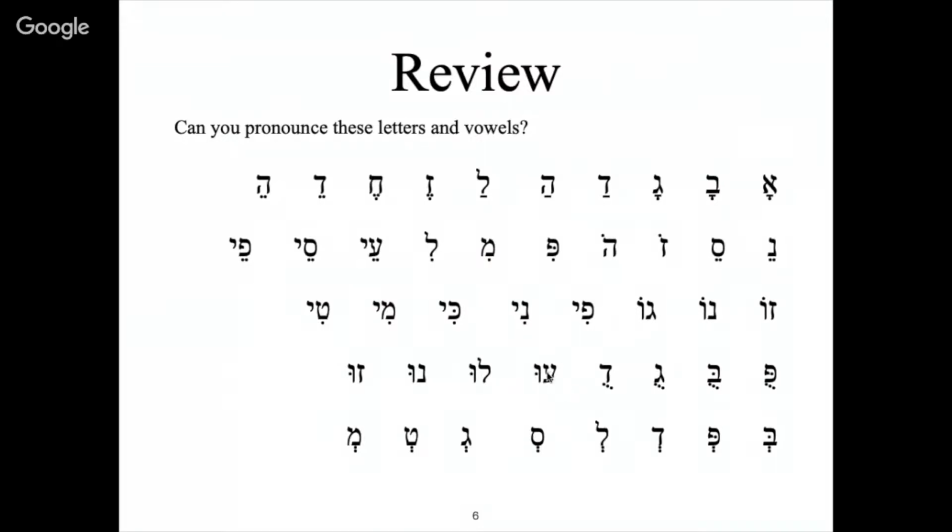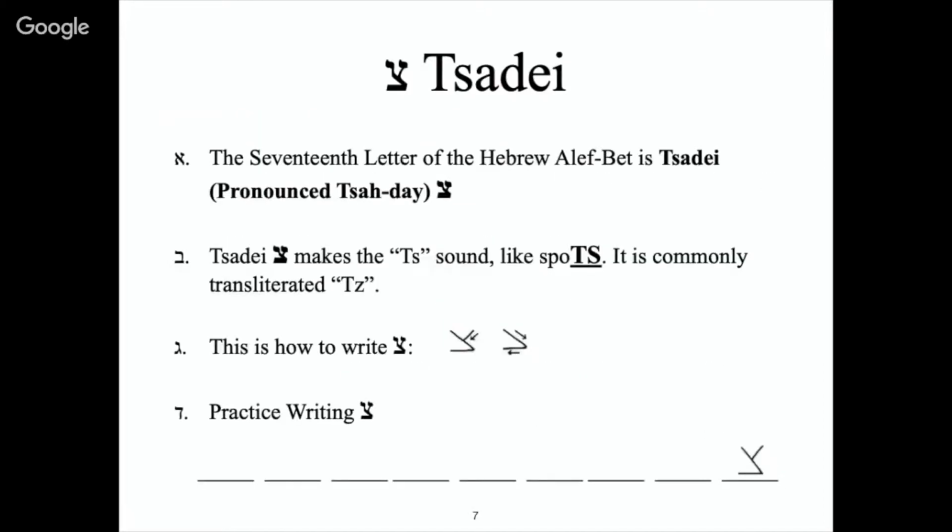So it's Oo, Nu, Be, Pe, Se, Te. So you can go through and practice saying and pronouncing all of the letters with the vowels.